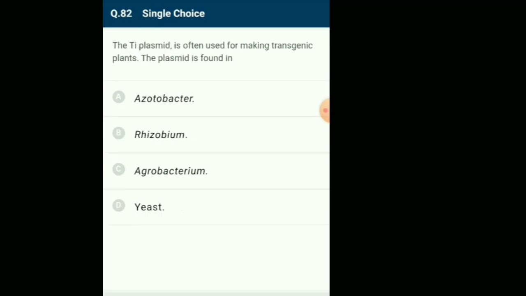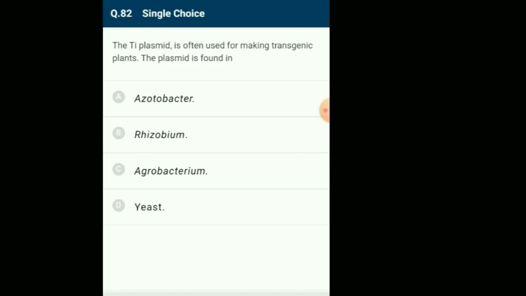Question number 82. The Ti plasmid is often used for making transgenic plants. The Ti plasmid, generally called tumor inducing plasmid, is isolated from the soil bacterium Agrobacterium tumefaciens, and is effectively used as a vector for gene transfer to plant cells. The part of Ti plasmid transferred into plant cell DNA is called T-DNA.